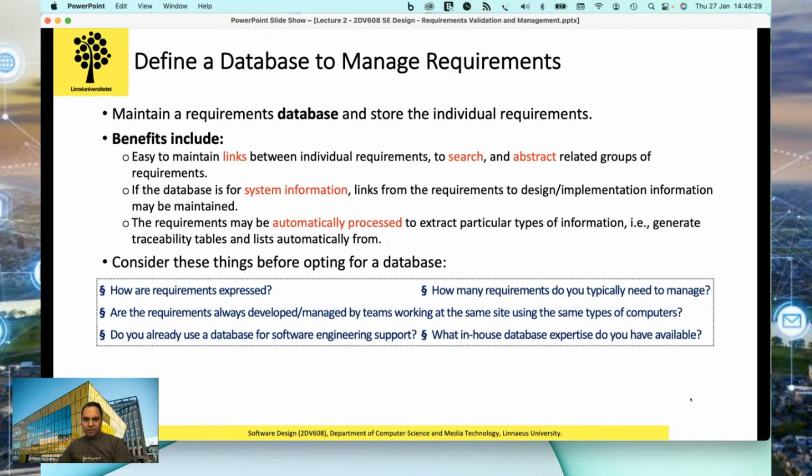For example, you might not need a database if you have few requirements and they are very well described using clear language and in very short sentences that are easy to understand, and you do not need to correlate or be concerned about a long list of requirements.